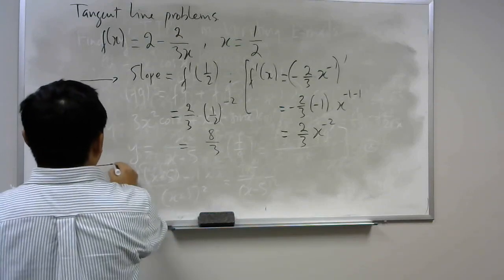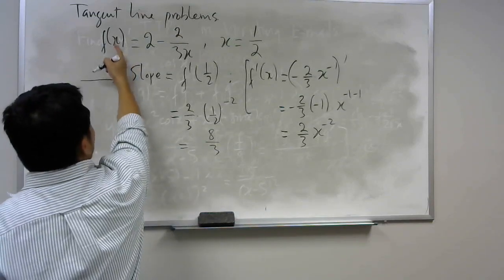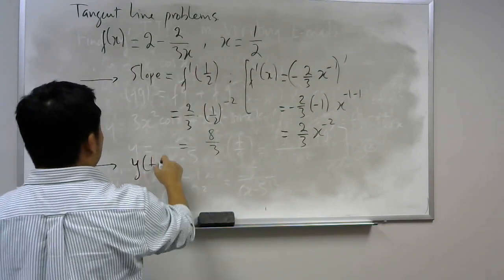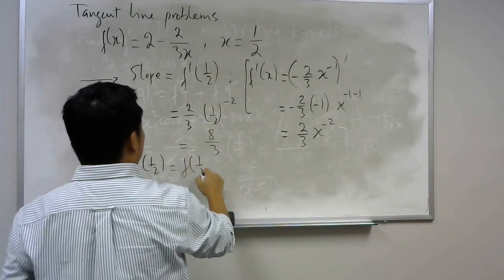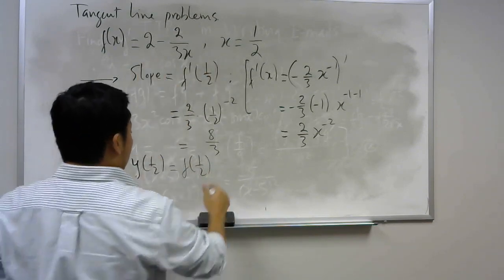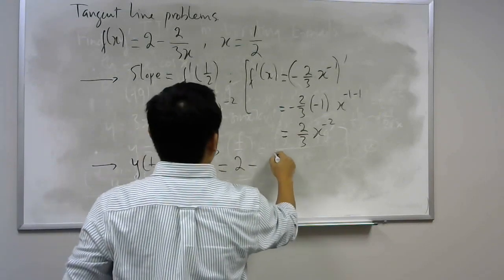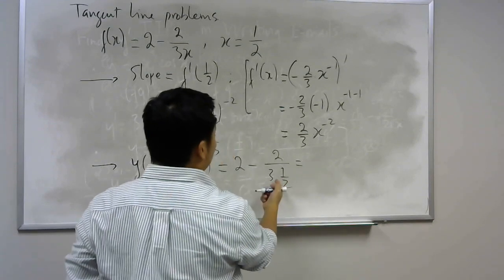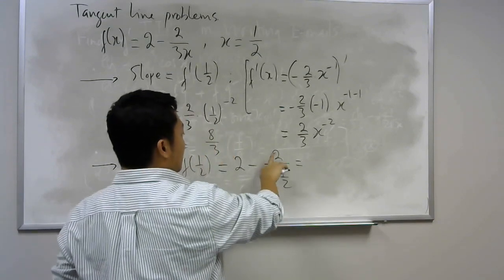Okay, and second, you need to find the point, the y coordinate at x equal to 1 over 2. So the y coordinate is f of 1 over 2. You need to plug 1 over 2 into the original function. Then you get 2 minus 2 over 3 times 1 over 2, which is, here is 2, you flip 1 over 2, you get 4 over 3.